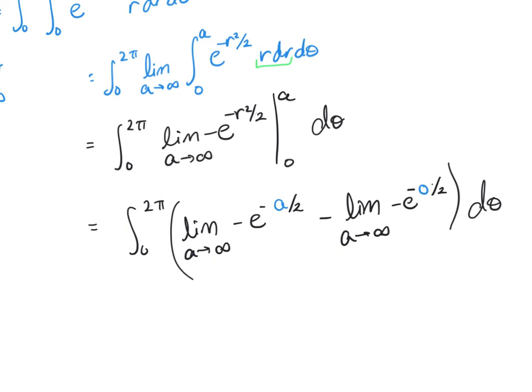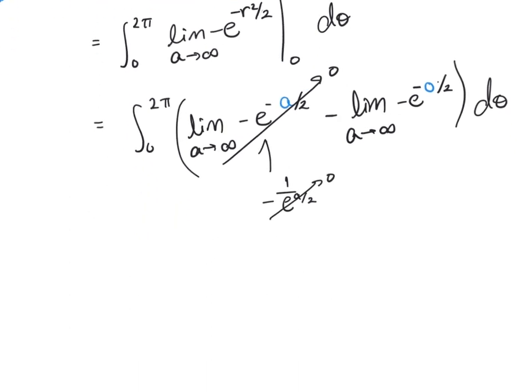Now here's the thing. This is the same thing as negative 1 over e raised to the a divided by 2. And we know as a gets really large, this term goes to 0.